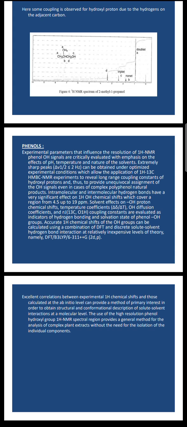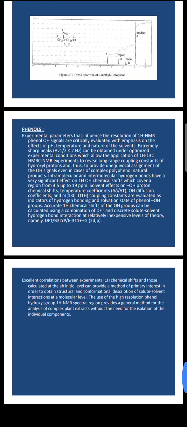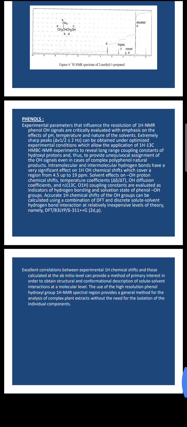Accurate 1H chemical shifts of the OH groups can be calculated using a combination of DFT and discrete solvent hydrogen bond interactions at relatively inexpensive levels of theory, namely DFT B3LYP/6-311+G(2d,p).